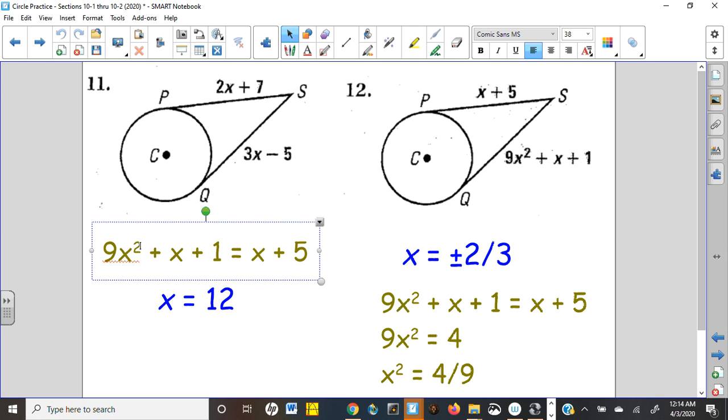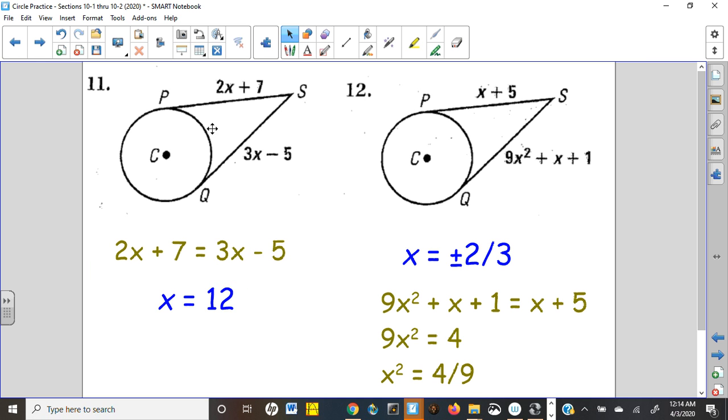But we could write it out really quickly. This would be 2x plus 7. Okay, it has to have the same length as 3x minus 5, because these two tangent segments originate from the same point. And so that would solve to be x equals 12.